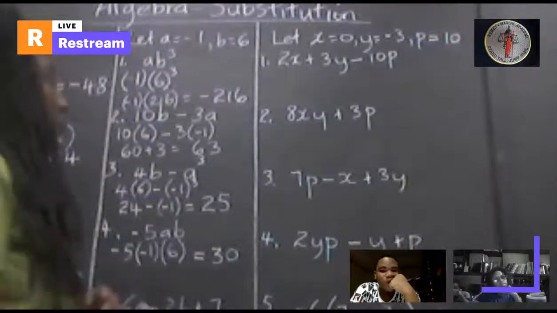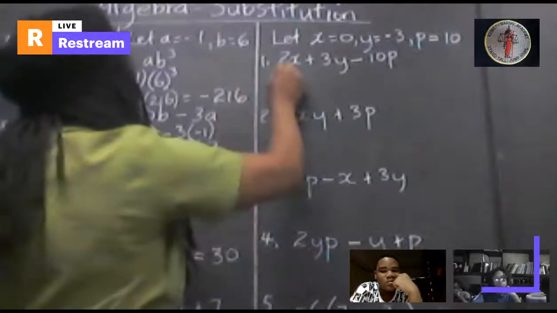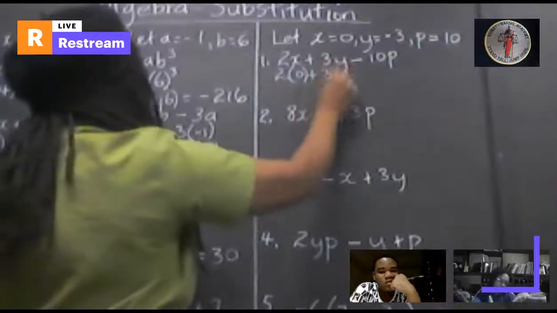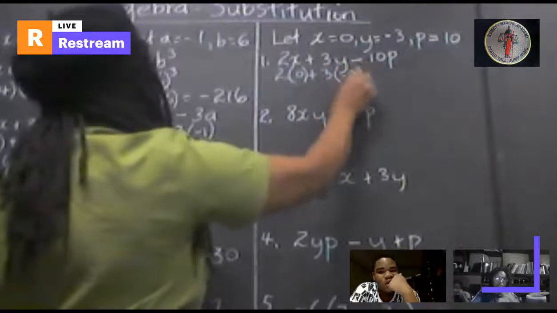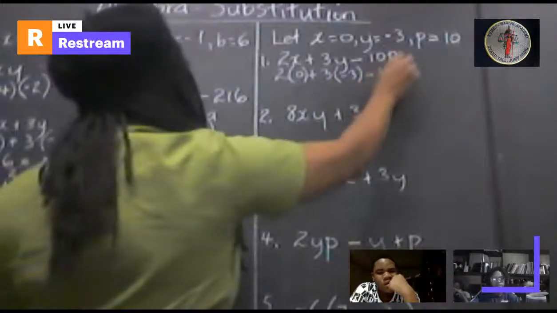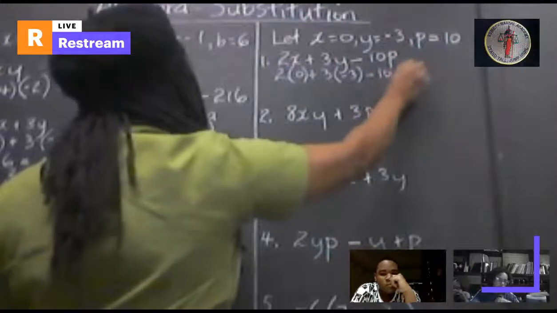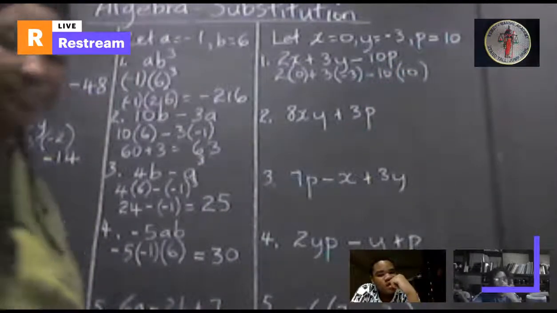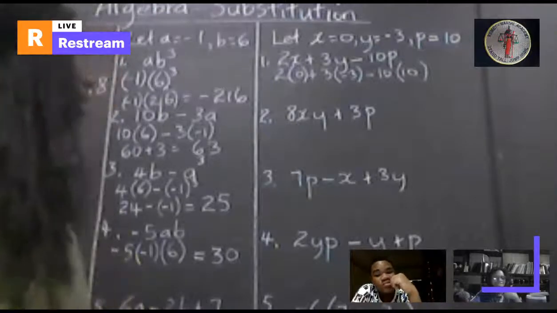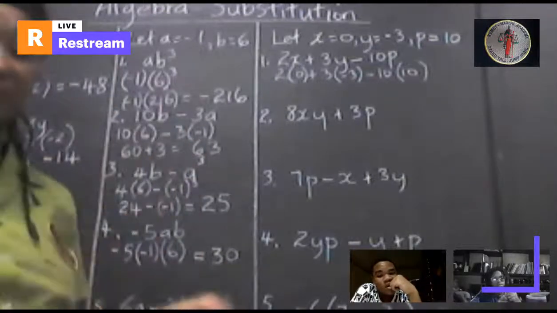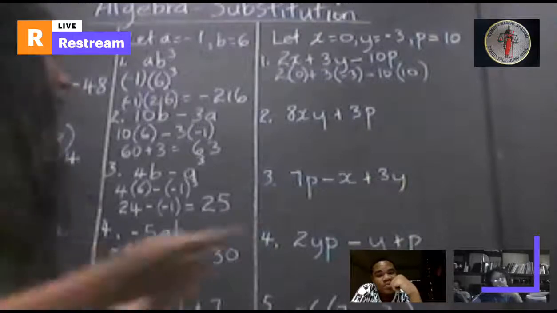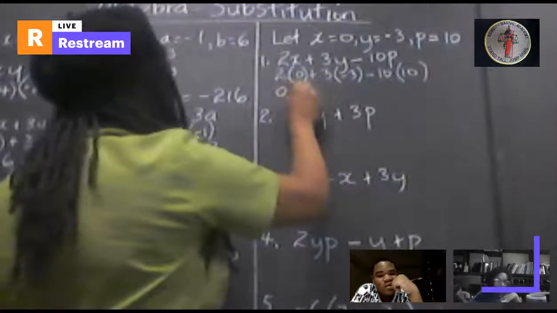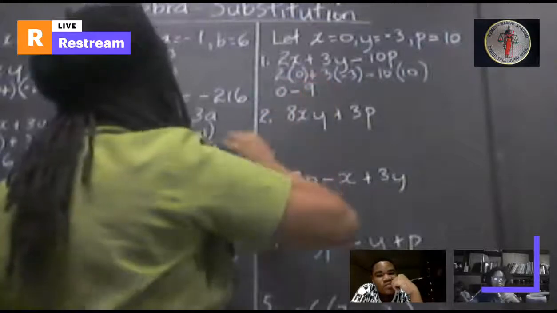So 2x would be 2 times 0, 3y would be 3 times negative 3, and negative 10p would be negative 10 times 10, right? Yes, miss. So 2 times 0 is 0. 3 times negative 3 is negative 9.